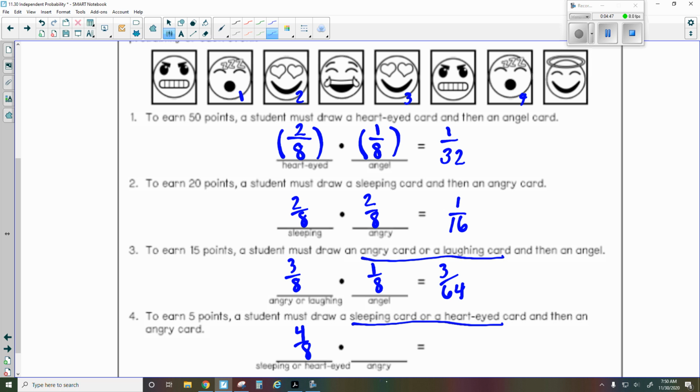And then the number of angry cards is 1, 2 angry cards out of 8. And so in our calculator, we do 4/8 times the second event, 2/8, and that simplifies to 1/8.